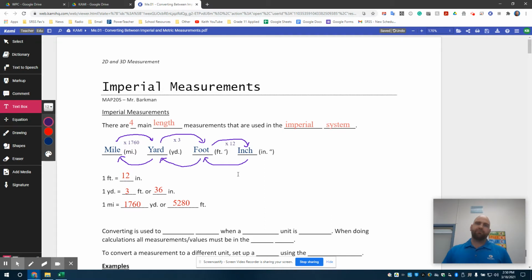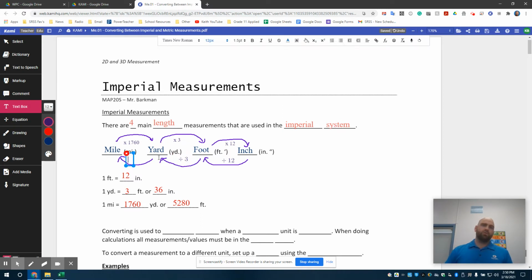So if I give you a number of feet, we can multiply by 12 to figure out how many inches there are. On the opposite way, if we want to go from inches into feet, now we need to divide by 12. Okay. If we want to go from feet into yards, we divide by 3.